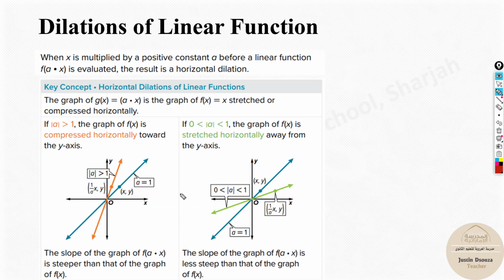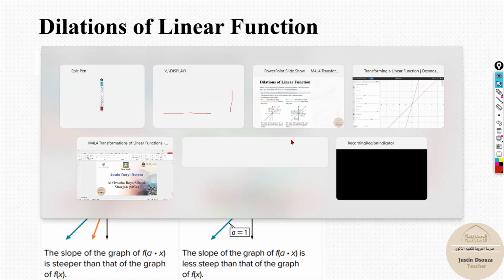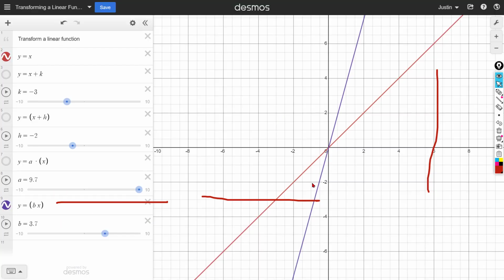If you're dealing with horizontal, it's always the x-axis. Vertical is the y-axis, so it can't be the same. Here, when it is vertically stretched, it is the opposite of horizontal: horizontally compressed. From a horizontal point of view, it's becoming small, whereas this is becoming bigger. So this is the concept. You can see it in Desmos as well, it's the same thing.